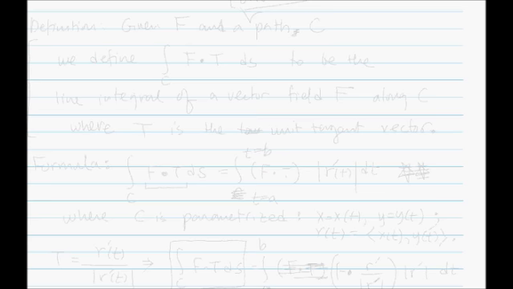So let me make sure that I clarify all the context first. That's the motivation. So here's the definition again. This definition doesn't require force field or gravity or anything.